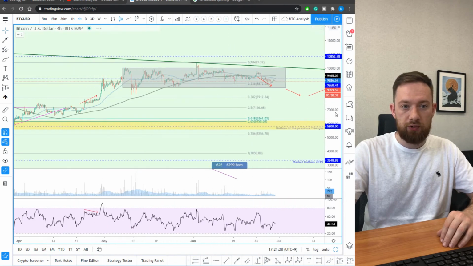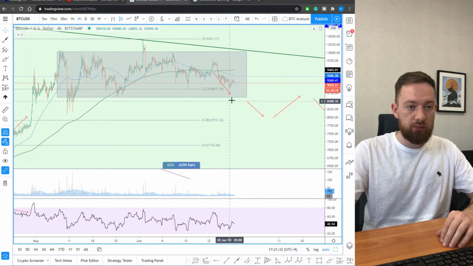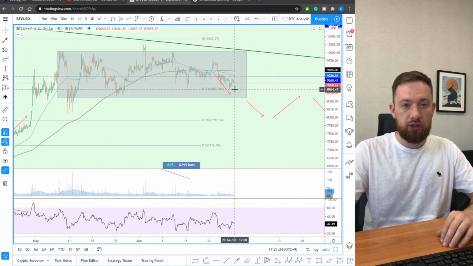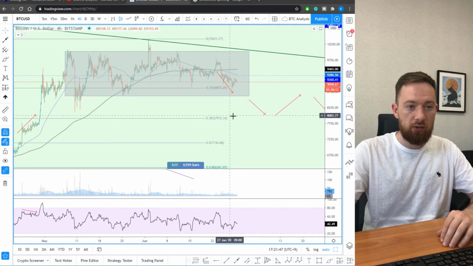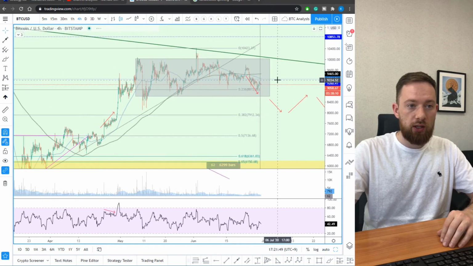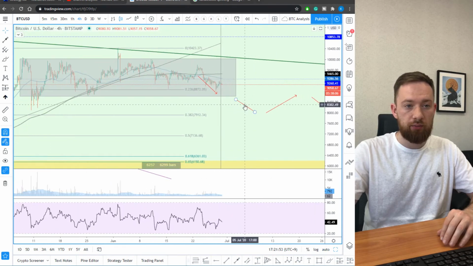Let's look at the 4-hour time frame over here. Once again, we predicted that we'll go towards the bottom of the channel. We almost touched it, so the BTC price stopped at the area of 8,800. Over here, once again, we retested the 50 MA as a resistance right now, and it looks like the 4-hour time frame is looking more bearish rather than bullish.